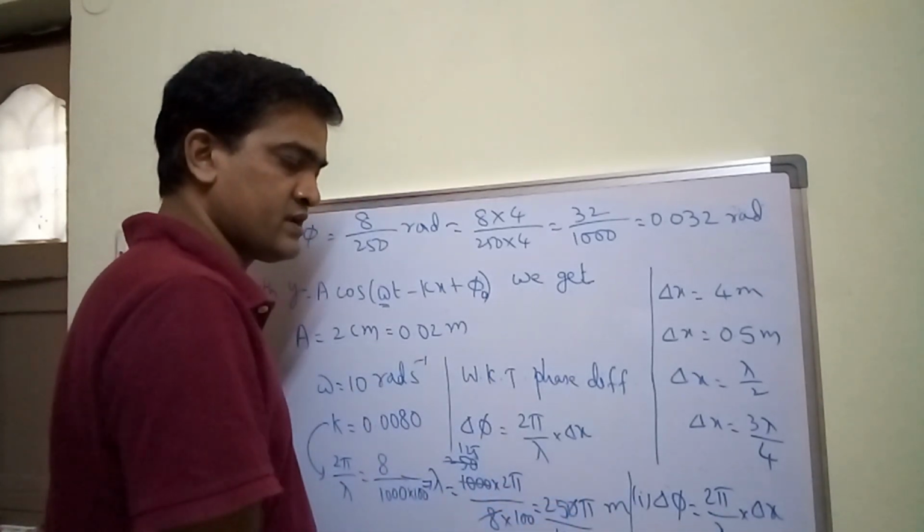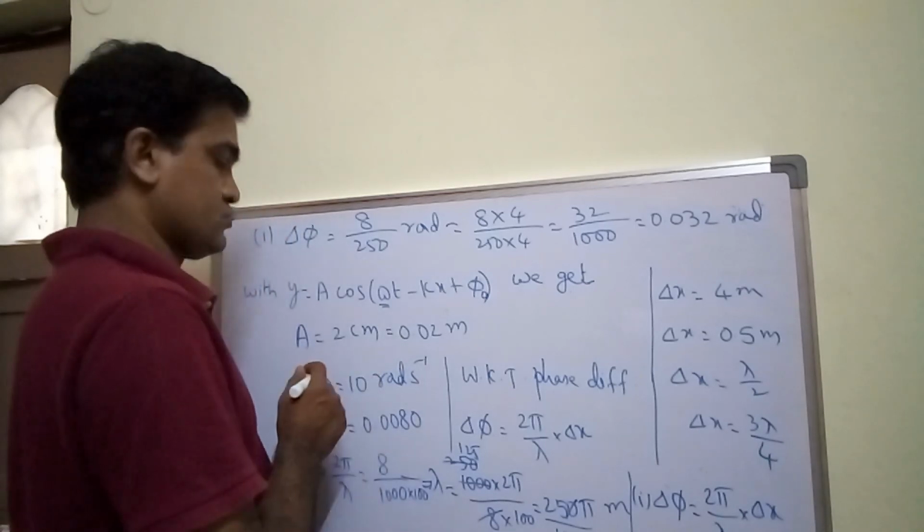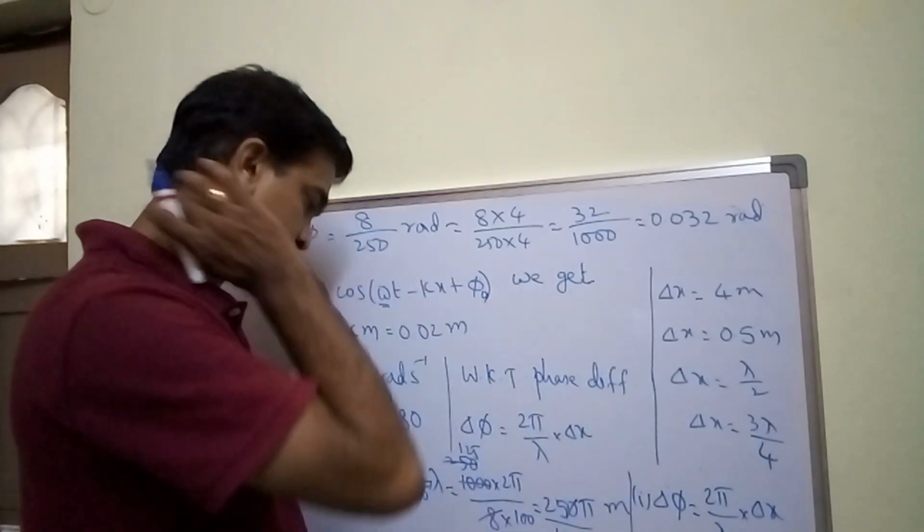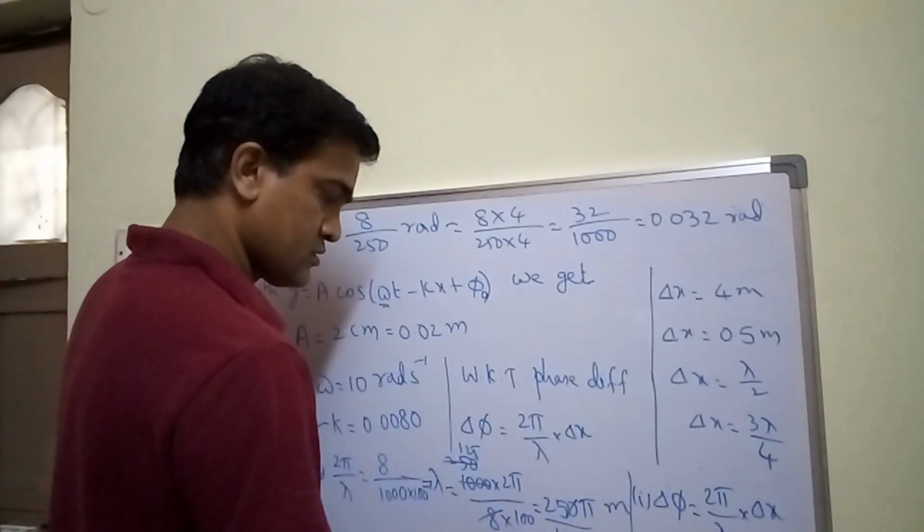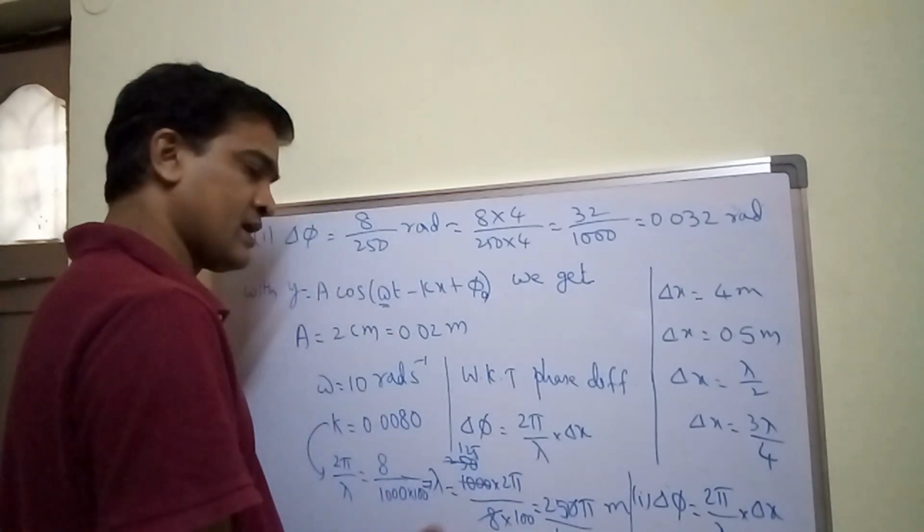So 25 by 10 is 2.5 pi. So here you will get 2.5 pi, which is nothing but the value of lambda.